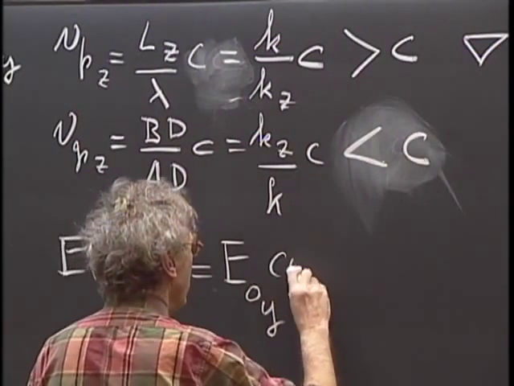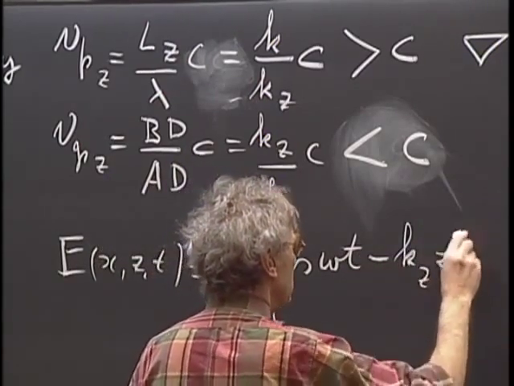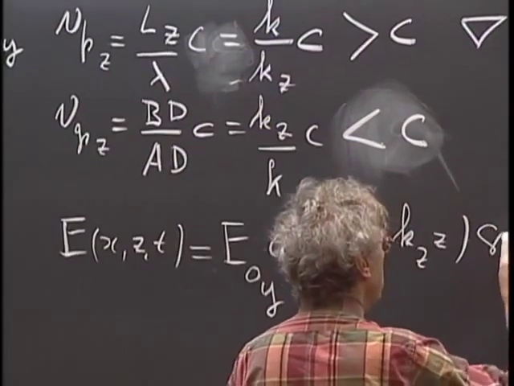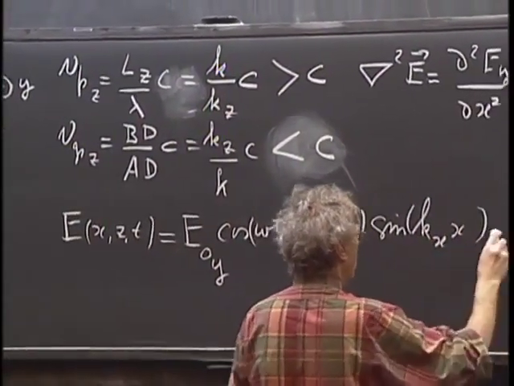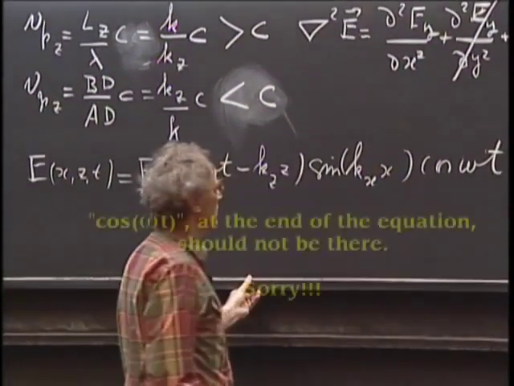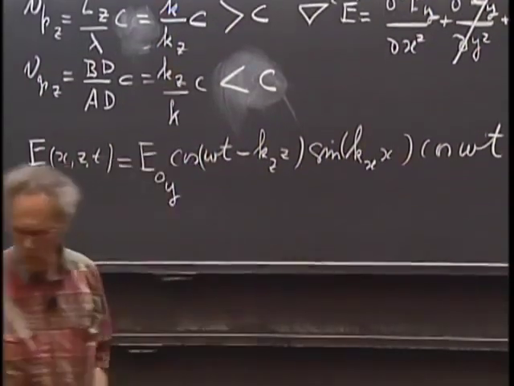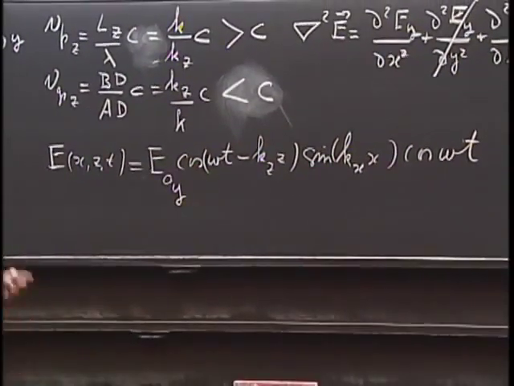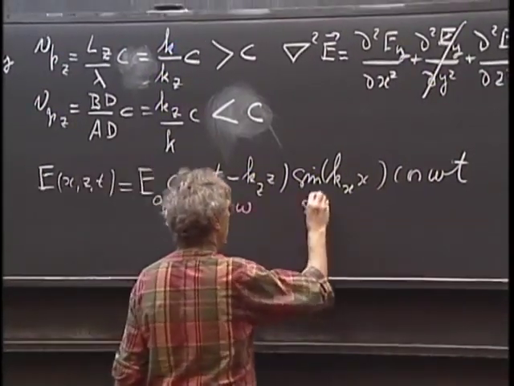And then we have the traveling wave in the z direction. And then we have the standing wave in the x direction. And so you see here, it is staring you in the face because I knew, of course, the answer, that this is a traveling wave and that this is a standing wave.